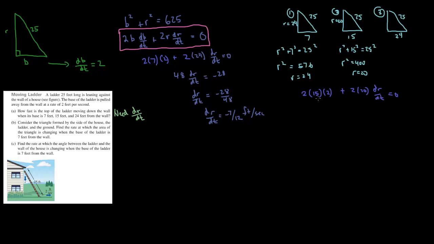That's 4 times 15, which is 60. So we have 40 dr/dt equals negative 60. So dr/dt is negative 60 over 40, which is negative 3 over 2.